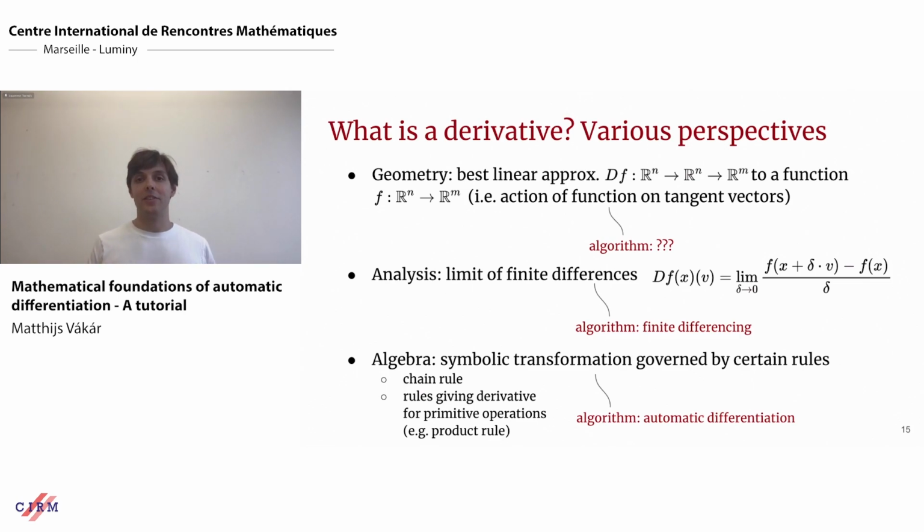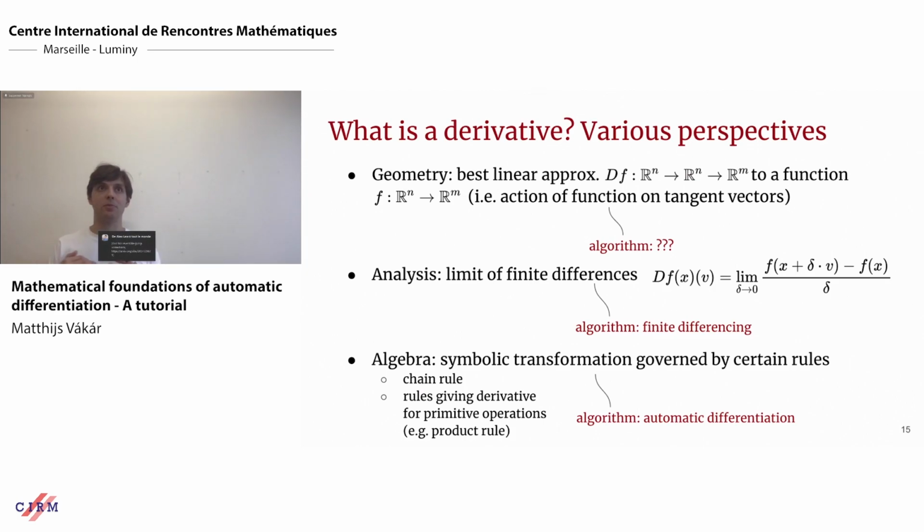Many of these perspectives are equivalent, but not quite the same, and they tend to be equivalent in finite dimension at least, and sometimes in more general settings, they start to diverge. But for our purposes, as long as we're calculating derivatives of vectors, real numbers, we can use any of these three perspectives.